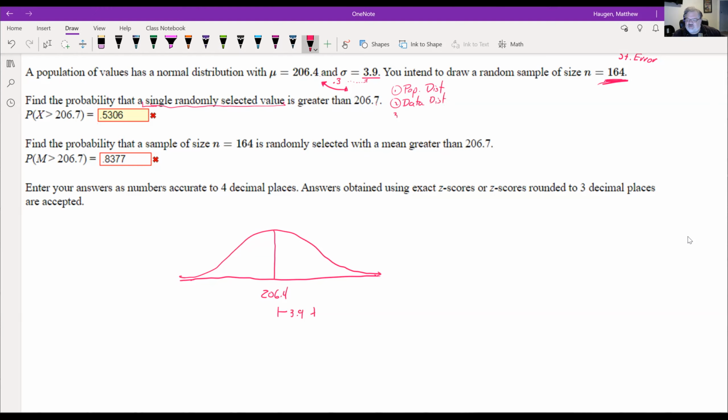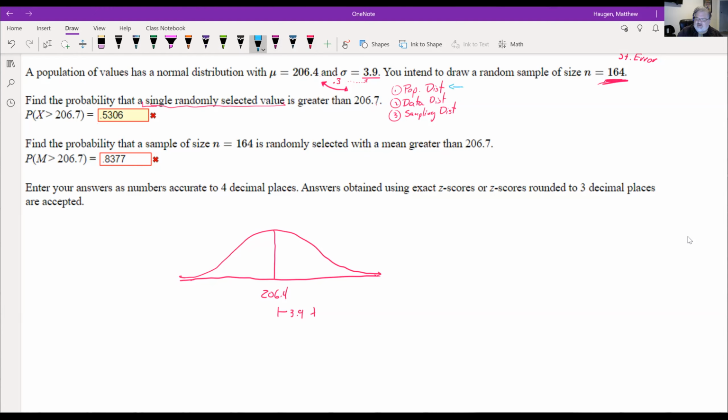Or is this question occurring in the sampling distribution? Well, this is a single randomly selected value. So a single value exists in really either the population distribution or the data distribution.